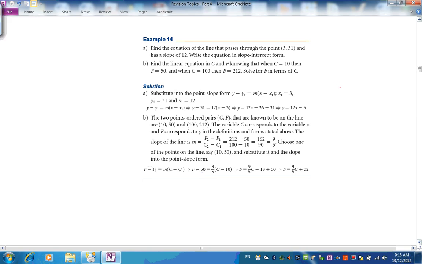I think the best way is to say the slope is 12, so y equals 12x plus c, and then substitute in (3, 31), and so 31 equals 12 by 3 plus c, or 31 equals 36 plus c, and therefore negative 5 equals c, and therefore y equals 12x take 5.